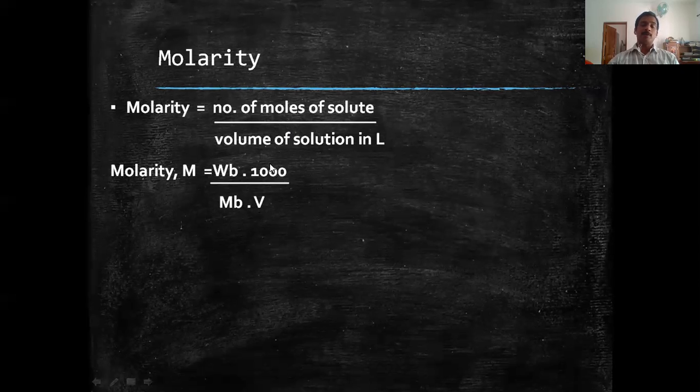How can you convert ml to liter? By dividing by 1000. So V by 1000, that can be written as WB into 1000 by MB into V. That is the equation to find out the molarity of a solution.